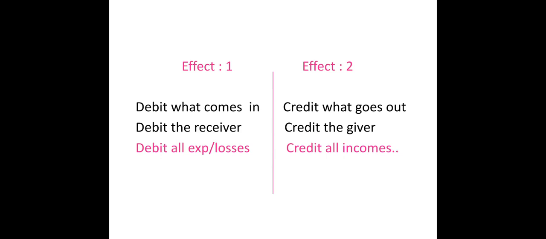Out of three you have to select any one. And so for effect number 2, students, you also have three choices. Out of three, you have to select any one.